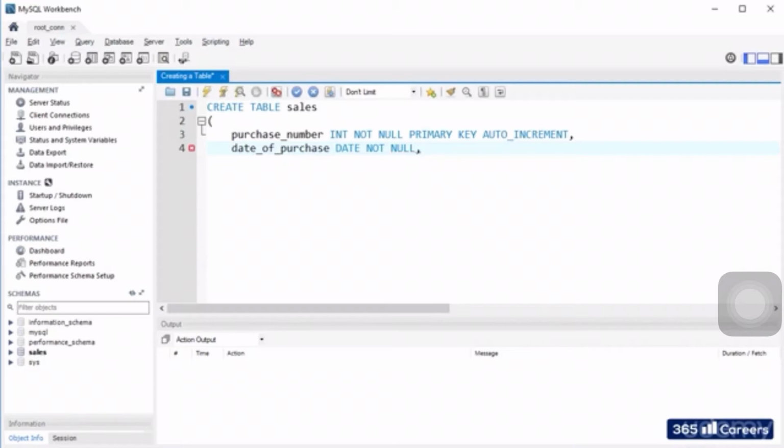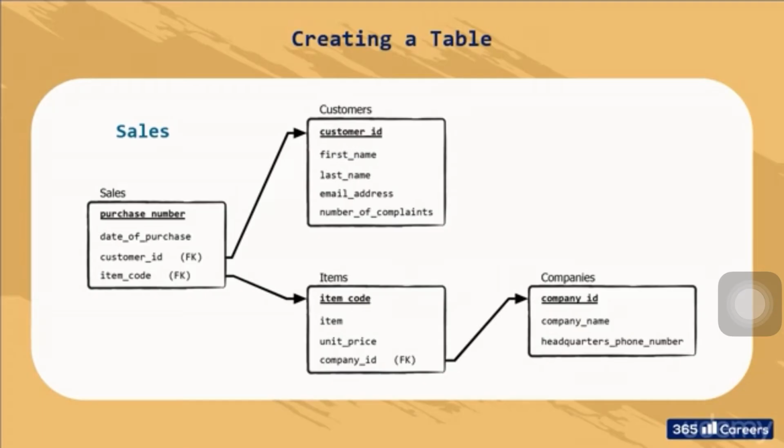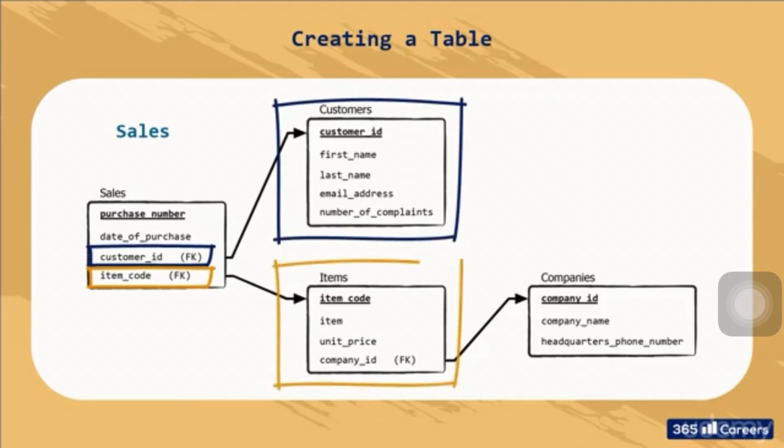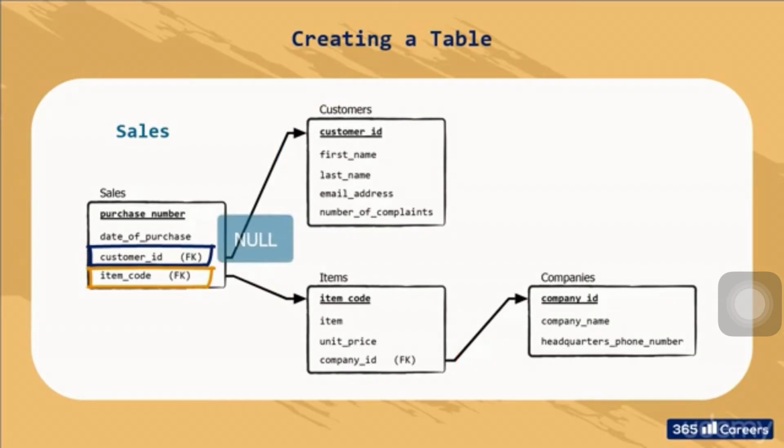Okay. As you can see from the relational schema, the remaining two fields, customer ID and item code, will make the connection with the customers and the items tables, respectively. While customer ID could be null because we may register a cell without really knowing who the purchaser was, item code must be not null because we will surely know what we have sold, right?